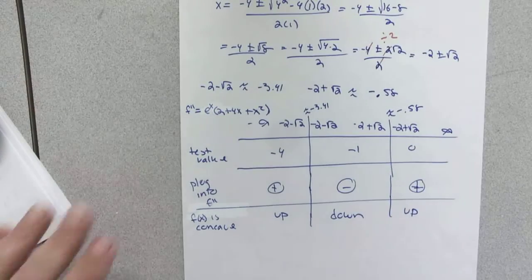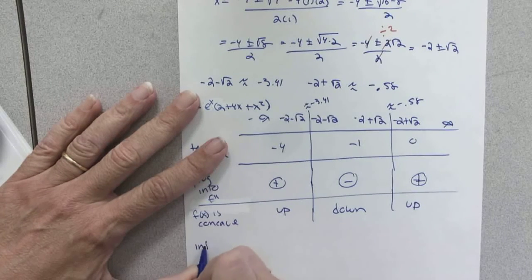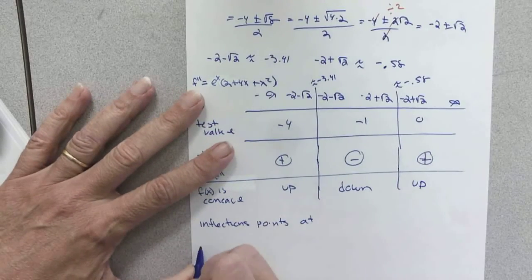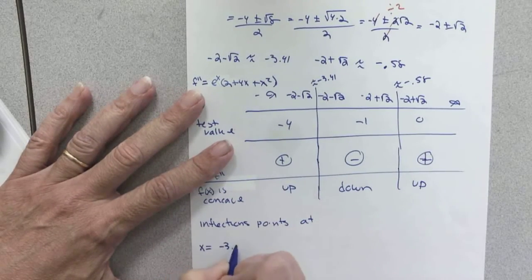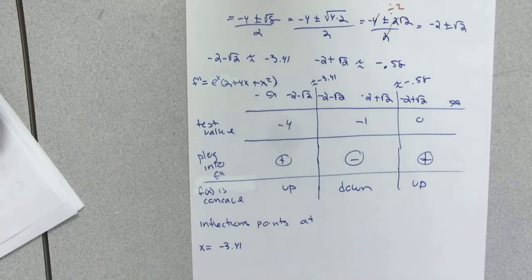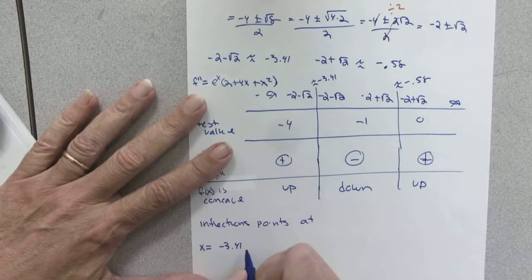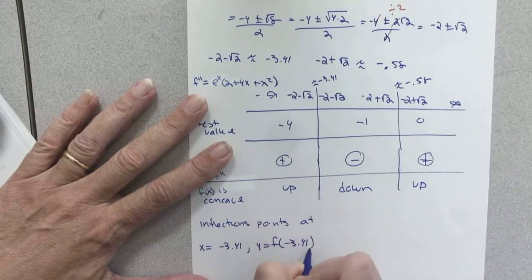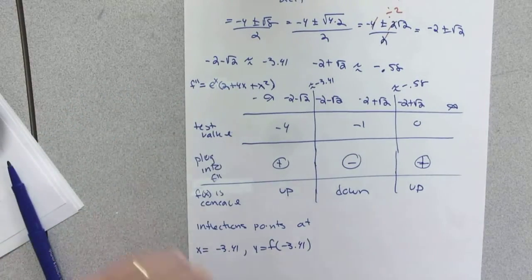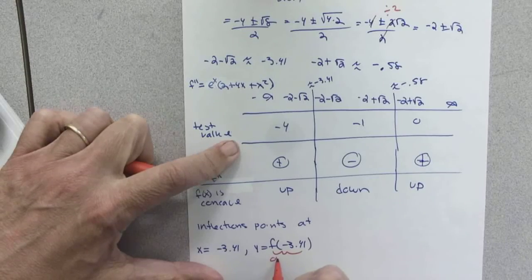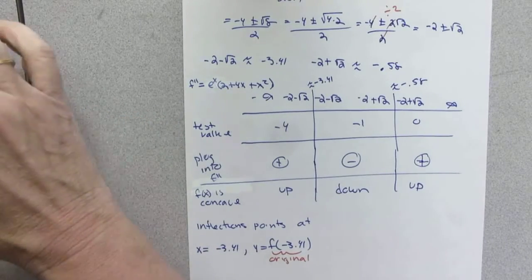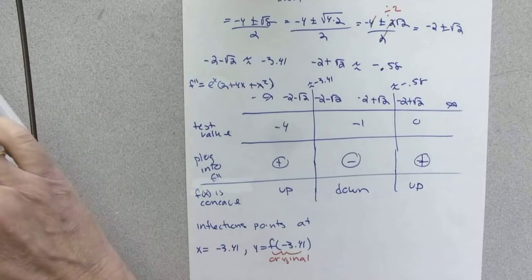I see actual changes of concavity, so I have inflection points at, and we'll go with the decimals because we're about to graph, x equal negative 3.41 with y equal f of negative 3.41. Always the original function. Y coordinates always come from the original function.